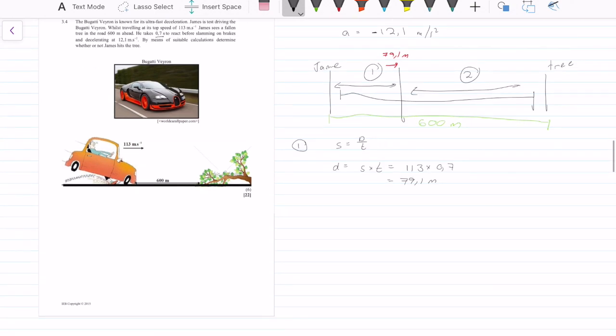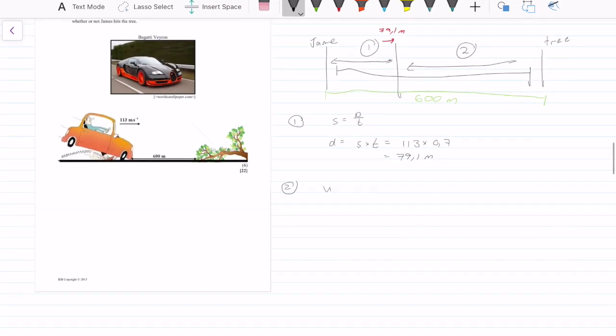Okay, so for the second part of his travels, he's decelerating. So let's just use some UVATs. His initial velocity is 113, his final velocity is 0, his acceleration is minus 12.1, time is unknown, and distance is what we're looking for. So what formula can we use? Let's use s equals ut plus a half... sorry, can't use that one because we don't actually know his time.